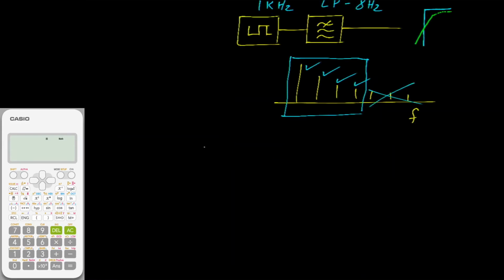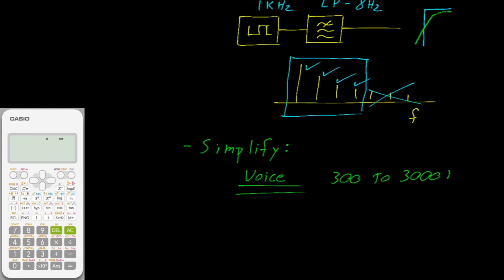Another reason for exploring the Fourier series is to simplify things. For example, we know that waveforms can be complex. Voice is not one frequency, but a range of frequencies, typically defined as 300 to 3000 hertz.